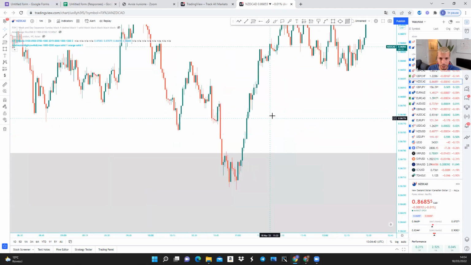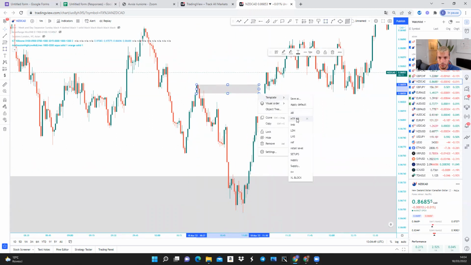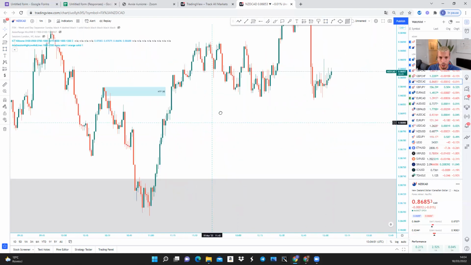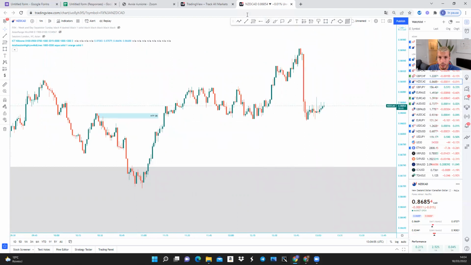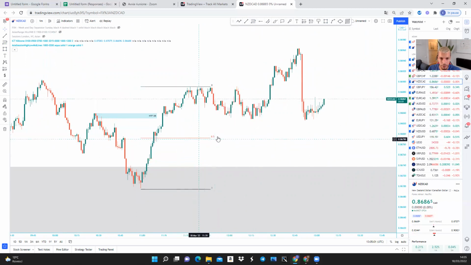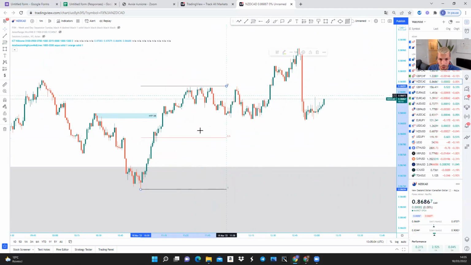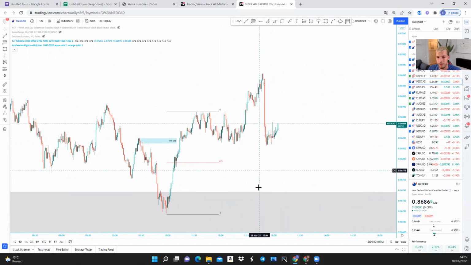I can clearly see that supply fails, and demand is in control. I was looking for an entry on this move with premium and discount, and we never reached the discounted area, so I didn't get an entry. But this is overall what I'm looking for. If we had the retracement, I would have looked for buys here.